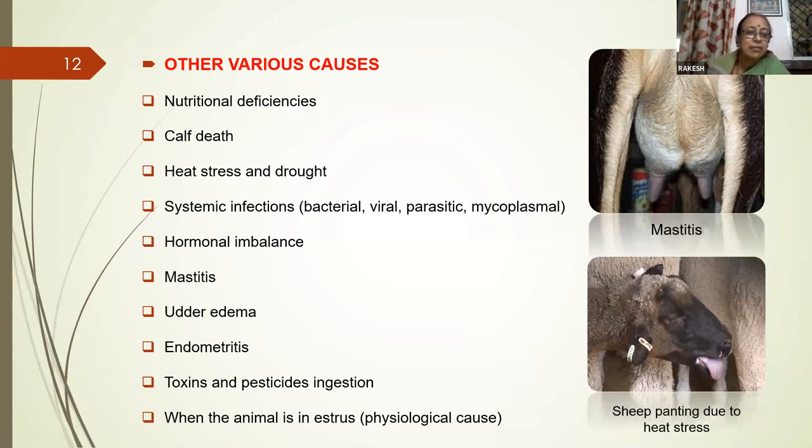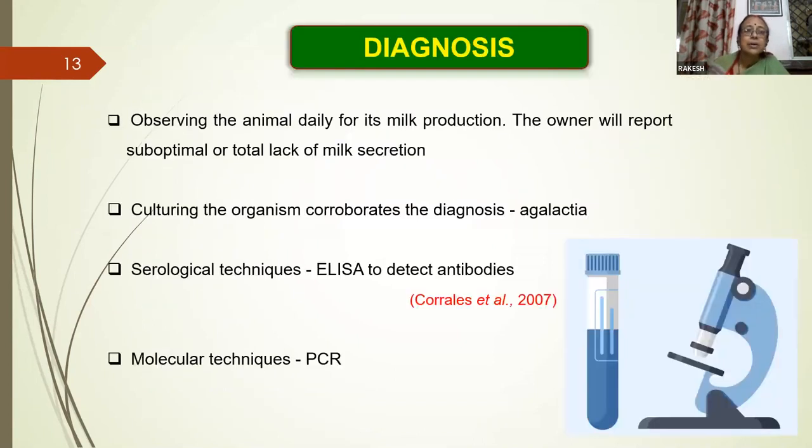These pesticides are sprayed on the fodder and feed which the farmers are using unknowingly. When the animals graze on such pastures, they ingest them, and this causes toxicity, leading to reduced milk production. When the animal is in stress, which is a physiological cause, then also the milk production will go down.